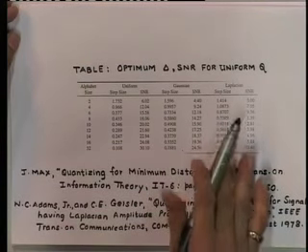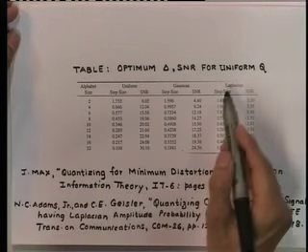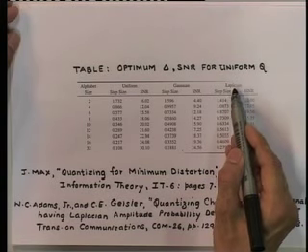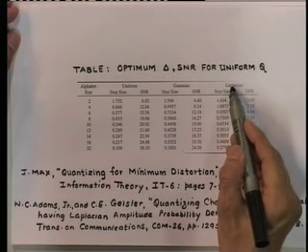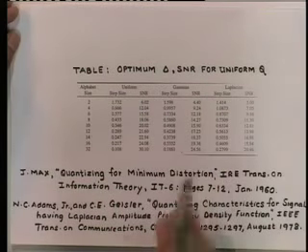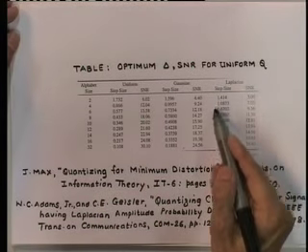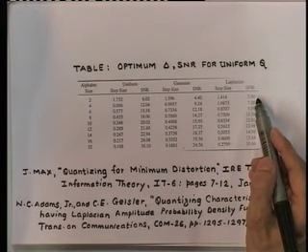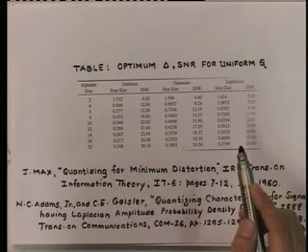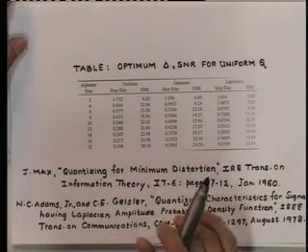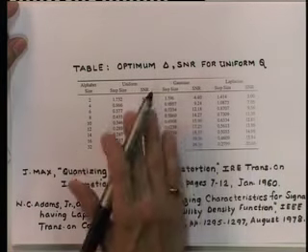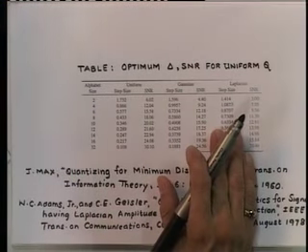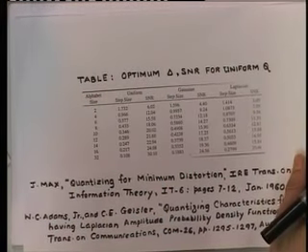And it is also evident from this table that the more peaked a PDF is, that is the further away from the uniform PDF it is, the more it seems to deviate from the 6.02 dB rule. We also concluded that the selection of the step size is a balance between the overload and granular noise.